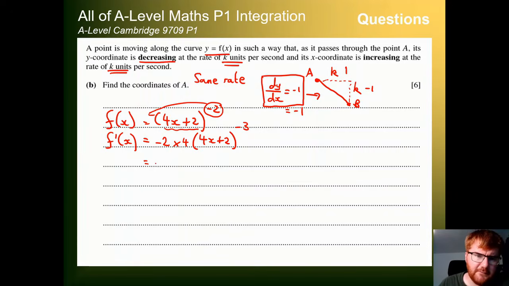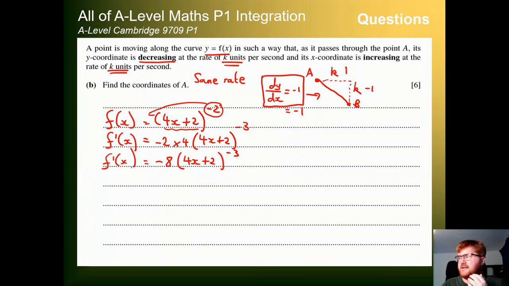And if we work this out, we get minus 8, 4x plus 2 to the power of minus 3. And what the question here is saying is that this gradient is also equal to minus 1 as well.